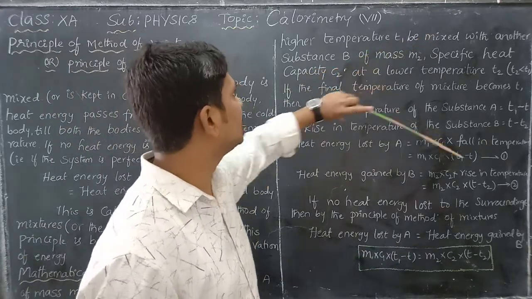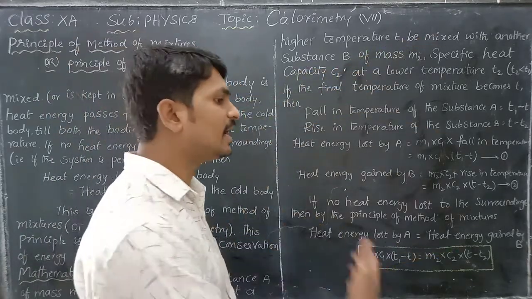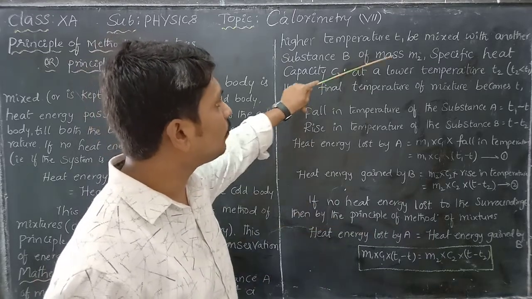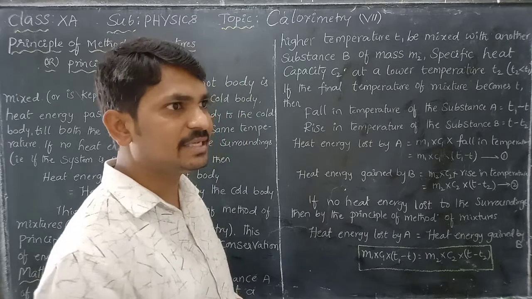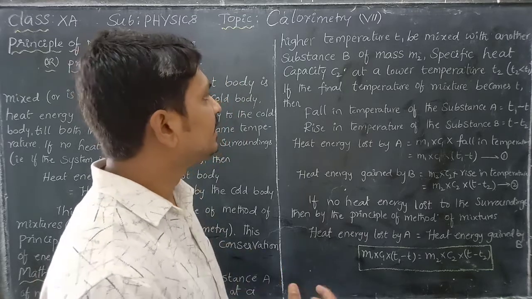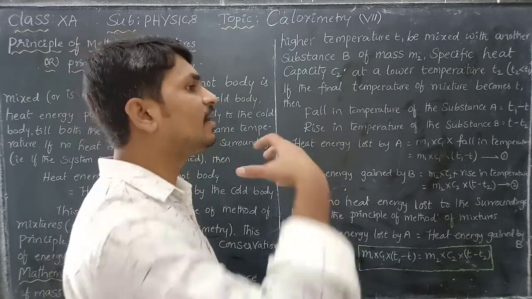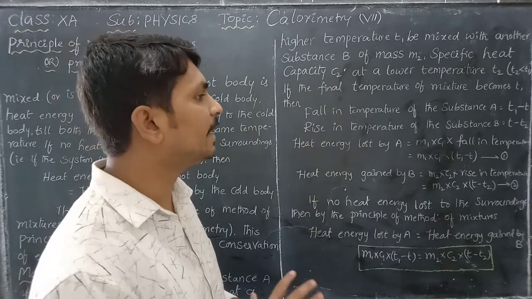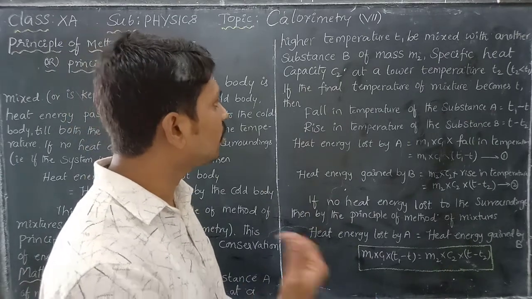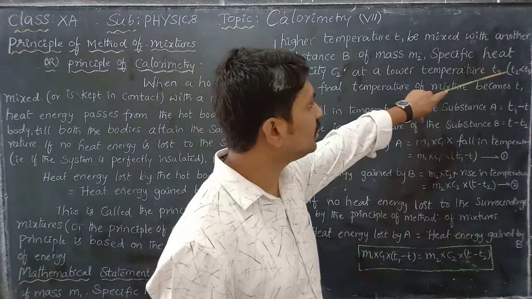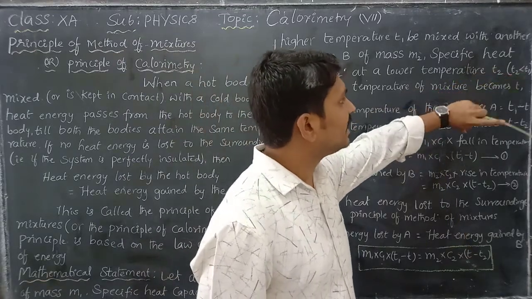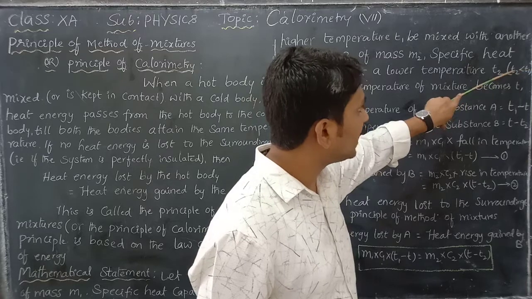It is mixed with another substance B, of a different mass M2, specific heat capacity C2, and a temperature lower than that of body A. So T2 is less than T1; T1 is higher compared to T2.